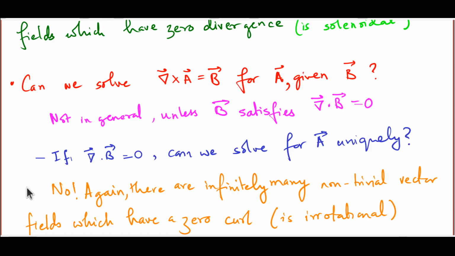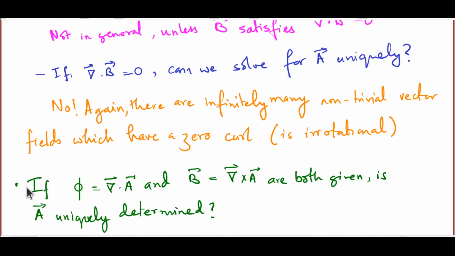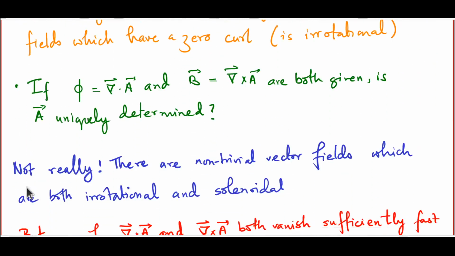In fact, many textbooks seem to imply this, especially when they discuss topics like electromagnetism, although very few people actually explicitly say this. And there is a reason for their being silent on this. As you may have guessed, specifying the divergence and the curl of a vector field does not uniquely specify what the vector field is.